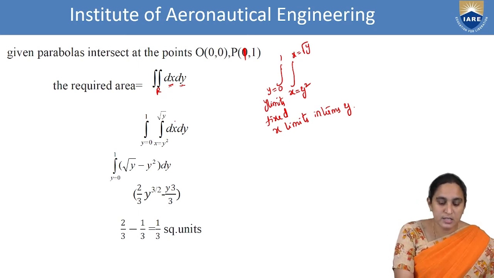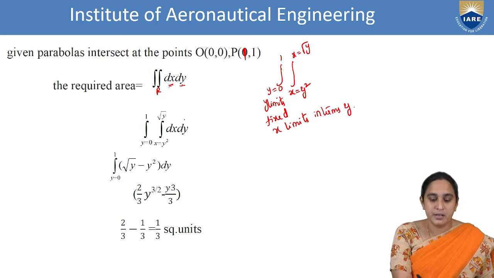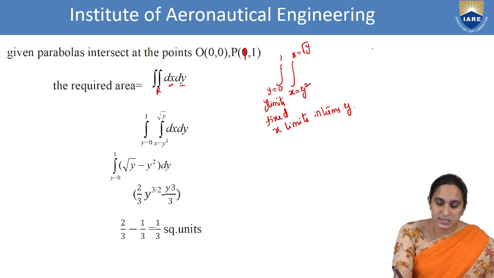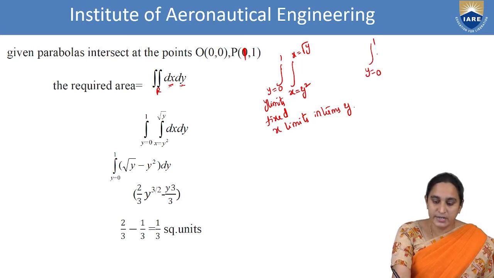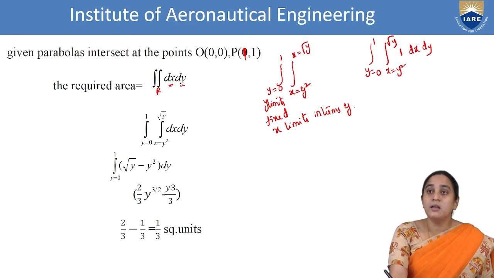There is no function here, which means the function is indirectly 1. So I'll write it simply as the integral of y from 0 to 1 and the integral of x from y squared to root y, the function 1 into dx dy. Here there is no function, that's why I treat it as the constant 1.